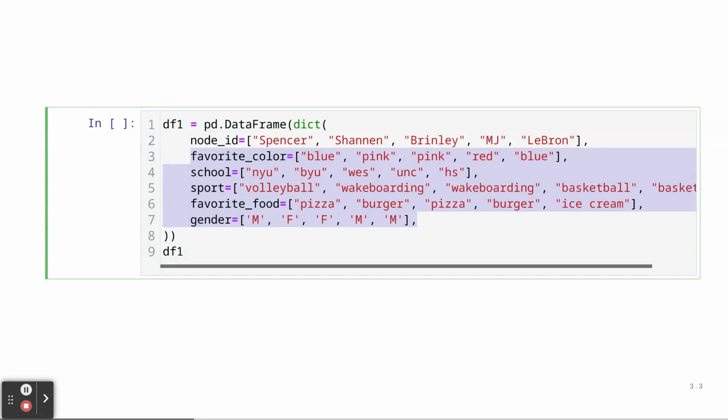One, we'll keep track of each person's favorite color. Then we'll keep track of the school they attended most recently, which sport they prefer to play, what their favorite food might be, and finally what their gender is. And this is entirely made up data. We have here my name, this is my wife and my oldest child, and then we have Michael Jordan and LeBron James, because we are obviously best friends.